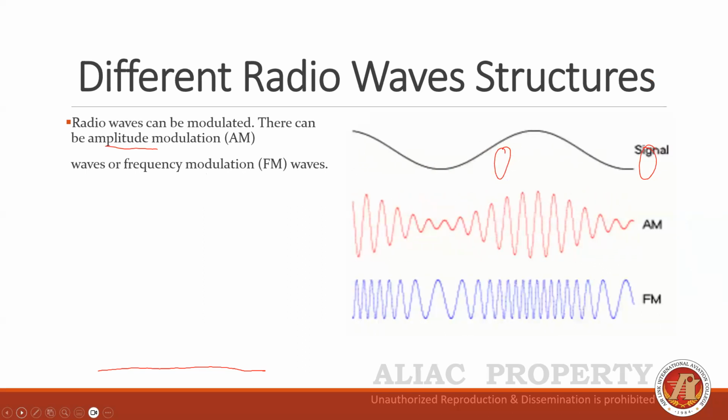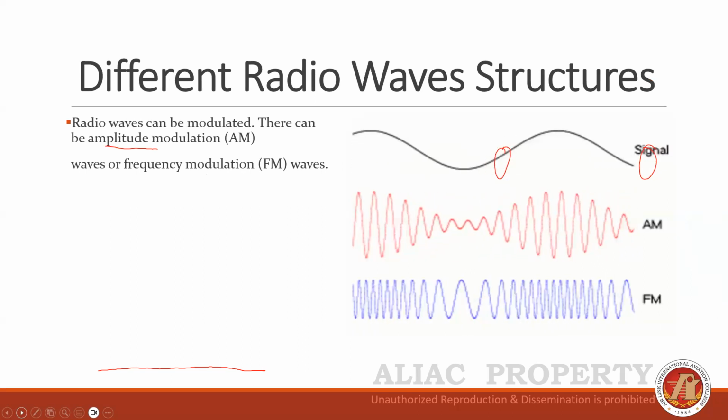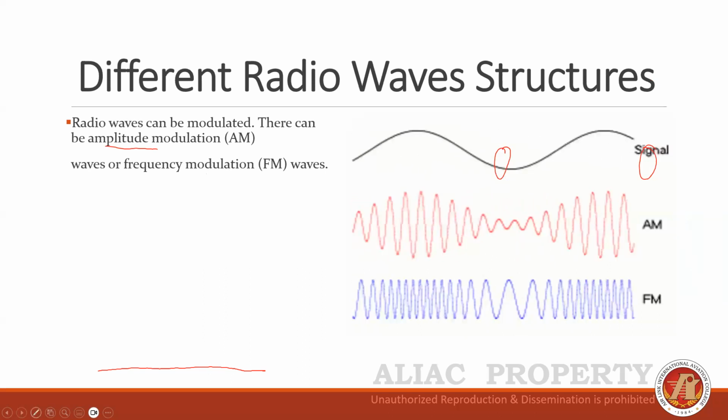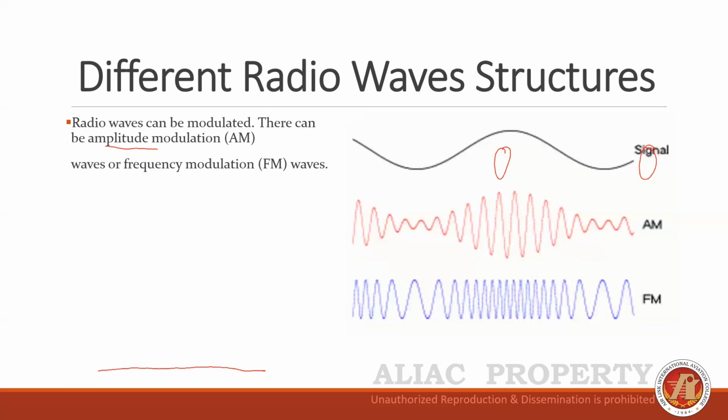So we have different wave structures. We have amplitude modulation. Okay? Amplitude modulation is a process by which the wave signal is transmitted by modulating the amplitude of the signal. It is often called AM and is commonly used in transmitting a piece of information through a radio wave carrier.